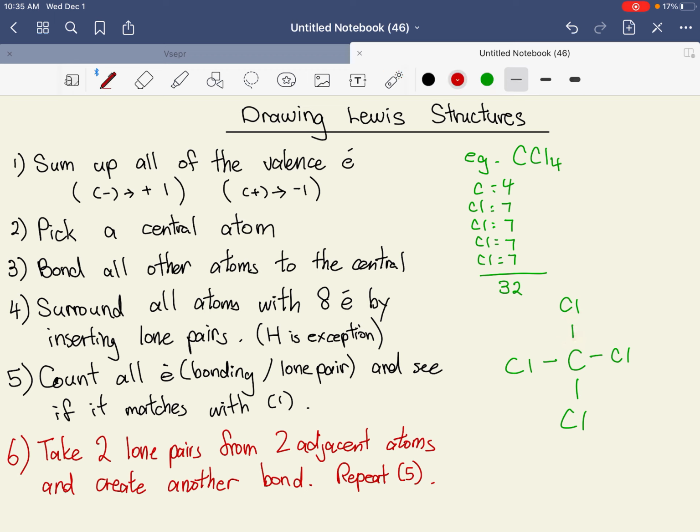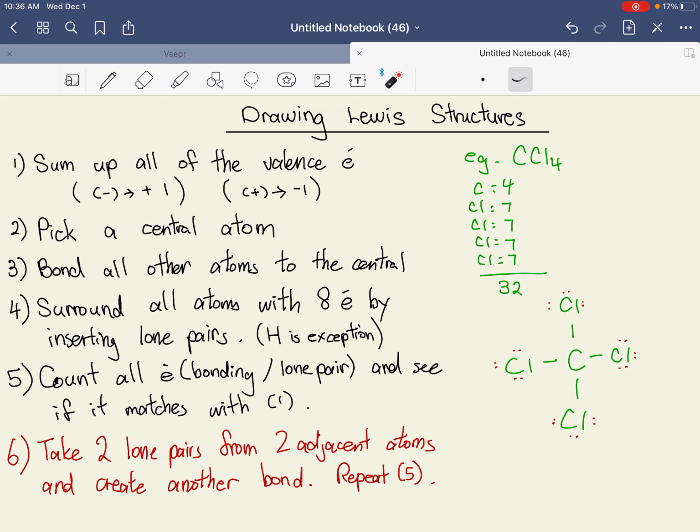So I'm going to insert 3 lone pairs to each. 1, 2, 3. 1, 2, 3. 1, 2, 3. There you go. Every atom here is surrounded by 8 electrons.